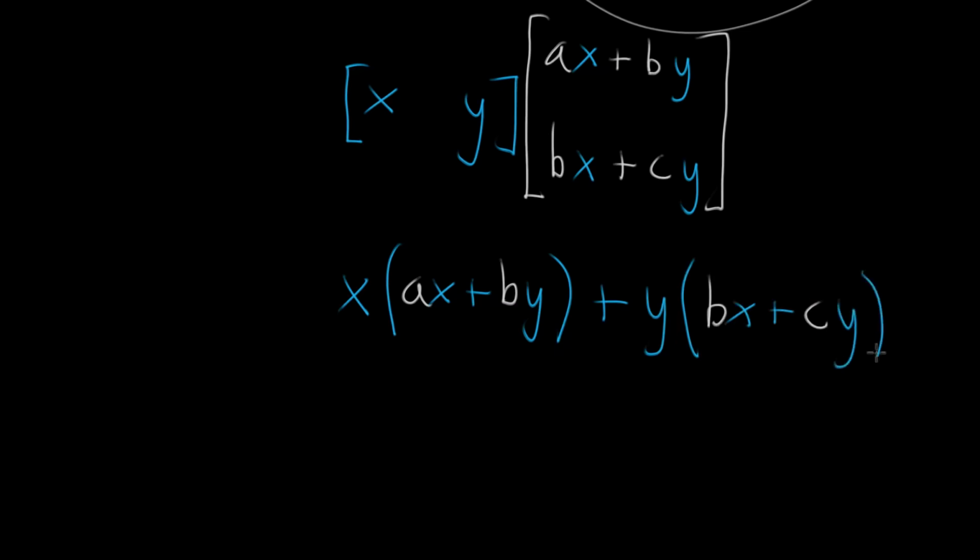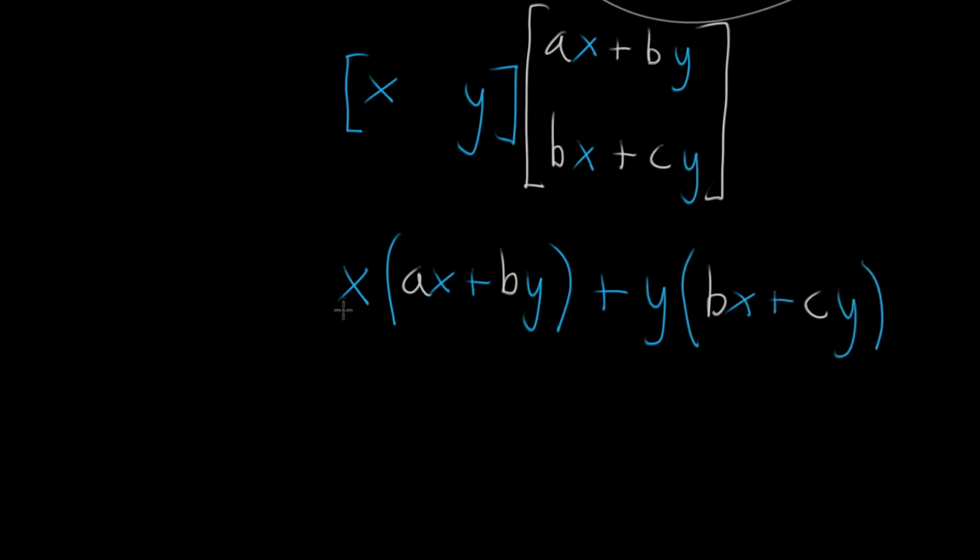And all of these are numbers, so we can simplify it. Once we start distributing, the first term is x times a times x. So that's ax squared. And then the next term is x times b times y. So that's b times xy. Over here we have y times b times x. So that's the same thing as b times xy. So that's kind of why it's convenient to write a 2 there, because that naturally comes out of our expansion.